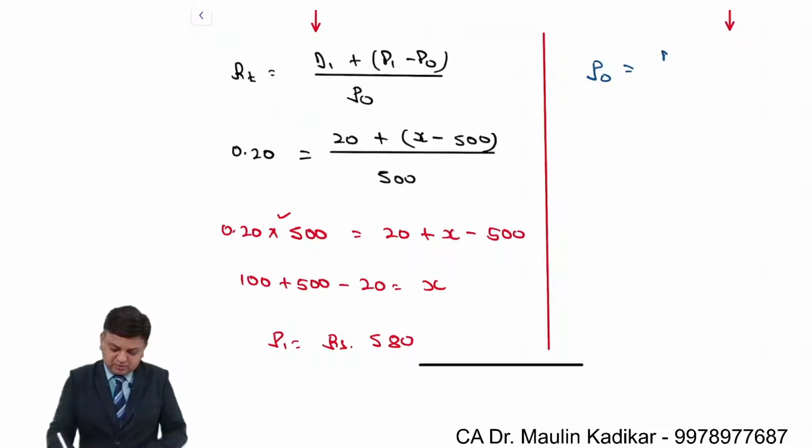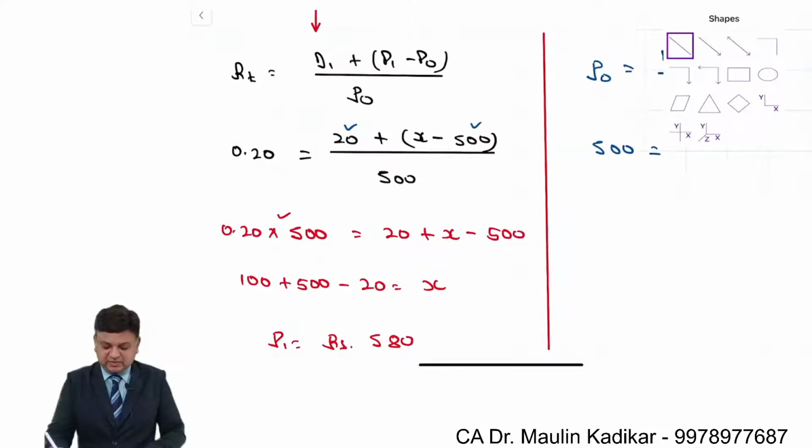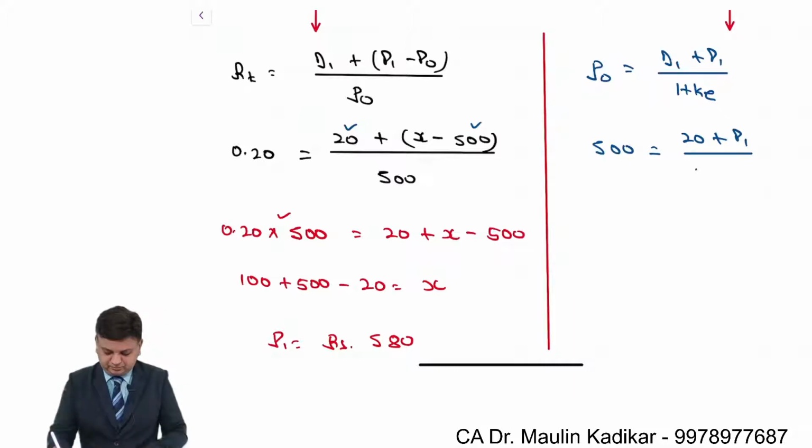P0 is equal to D1 plus P1 divided by 1 plus K. What is P0? We understand that P0 is 500. What is D1? It is 20 rupees. What is P1? That is required to be found. Divided by 1.20.